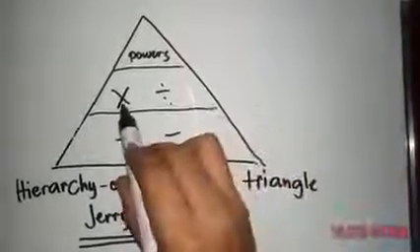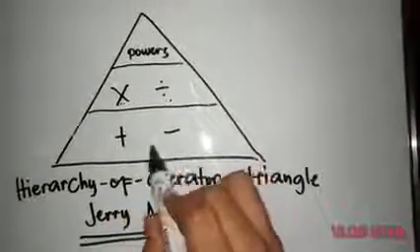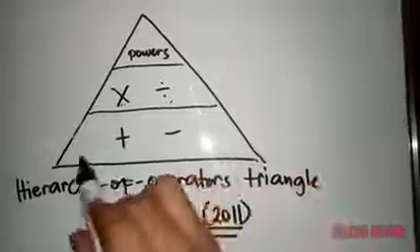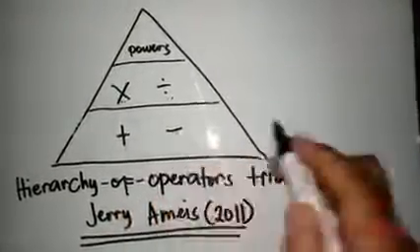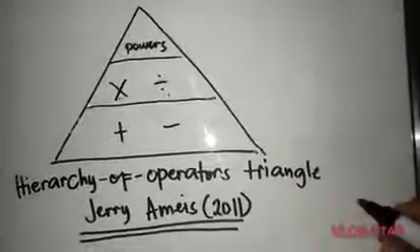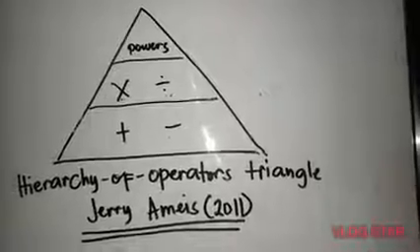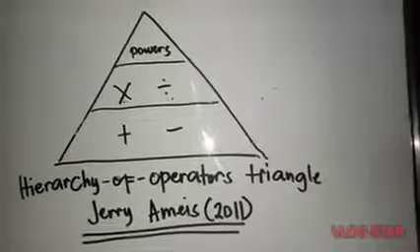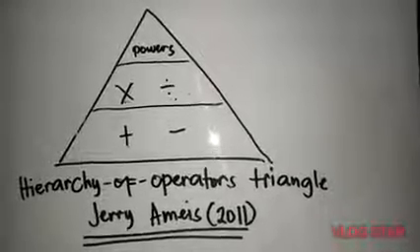Next, addition and subtraction lie on the same level, meaning these two operations have the same level of priority. So that is the hierarchy of operators triangle by Jerry Amis, 2011.